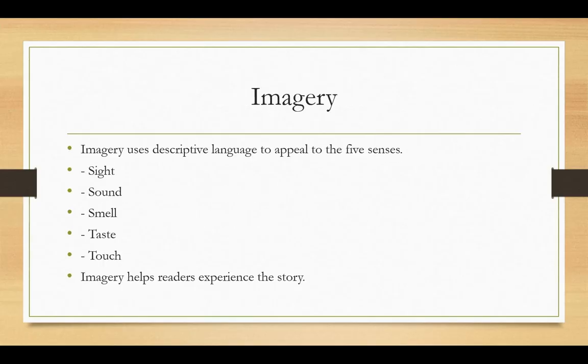Alright, next we have imagery. So, imagery uses descriptive language that appeals to all of the 5 senses. So, including sight, sound, smell, taste, and touch. Imagery will help the readers experience the story instead of actually just reading about it.